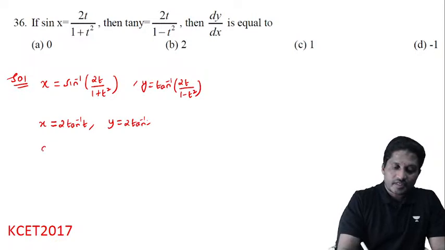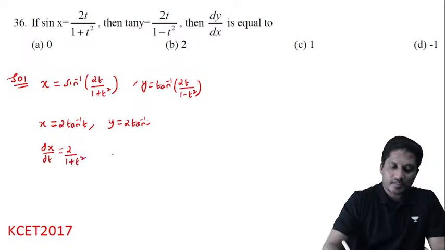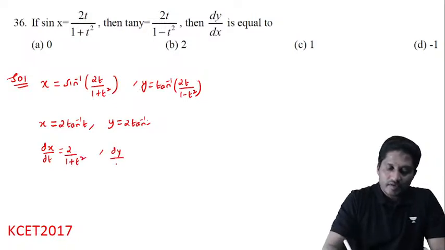Now if I differentiate, dx by dt is equal to 2 times the differentiation of tan inverse of t, which is 1 by 1 plus t square. And dy by dt is again 2 times 1 by 1 plus t square.